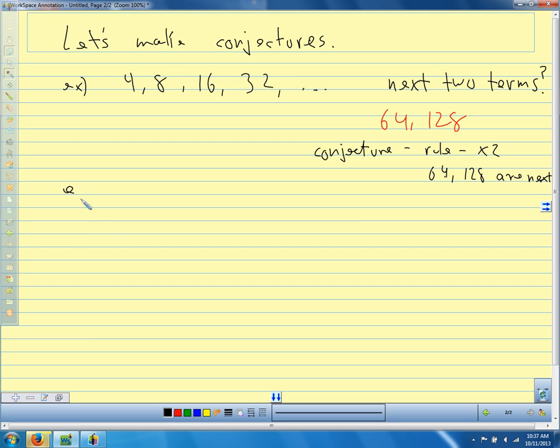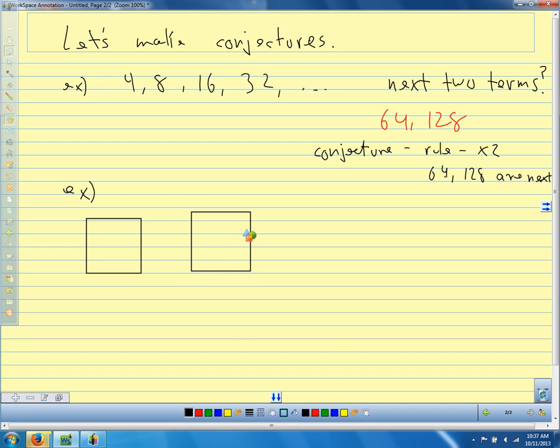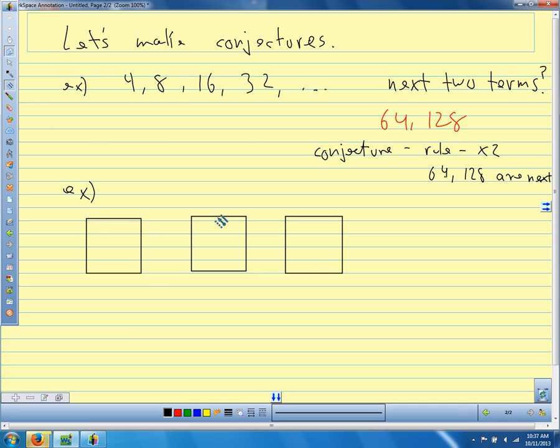So we're going to look at this pattern. Let me get my square drawing tool here. That one. And I'm going to draw some shapes. I know these might not be perfect, but I'm going to do the best I can. And then I'm going to do this to this one.